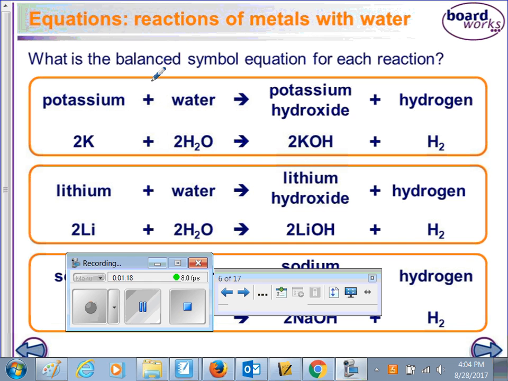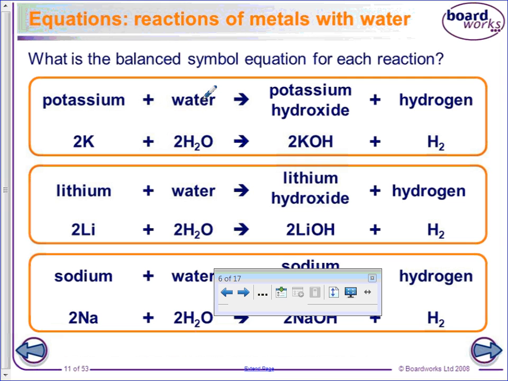All right, so this next rule, or the next three rules, deal with metals reacting with water. If you have a metal, like a group 1 metal, reacting with water, it is going to form as products the metal hydroxide and hydrogen gas.